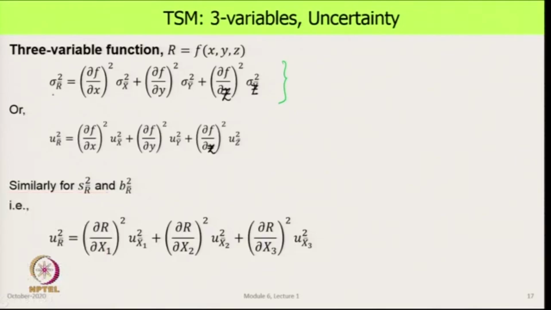Instead of sigma, we have been calling the standard error as u. So, we just substitute sigma by u, and that is the function that tells us what we are looking for. And in terms of the symbols that we have been using, our function is right here.